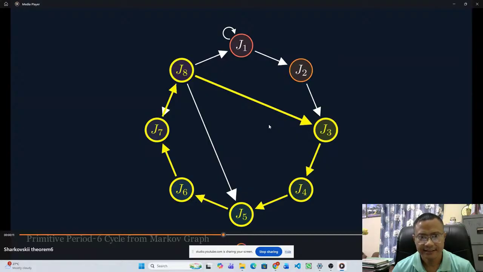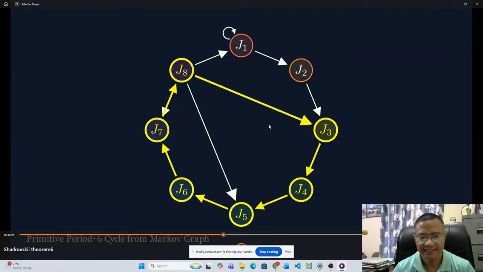So from J7 to J8, one yellow highlighted arrow is there. So we have a primitive cycle of length 6 in this case. Therefore, there will be a periodic point of period 6. The existence of a primitive cycle of length 6 guarantees the existence of a periodic point of period 6.